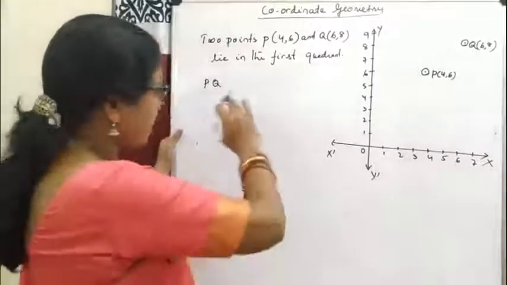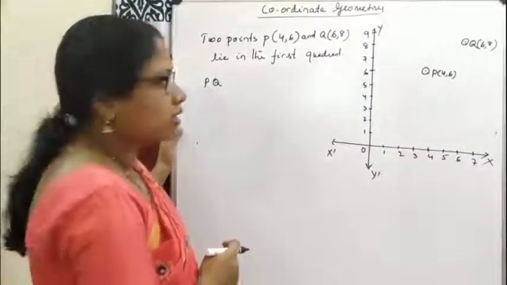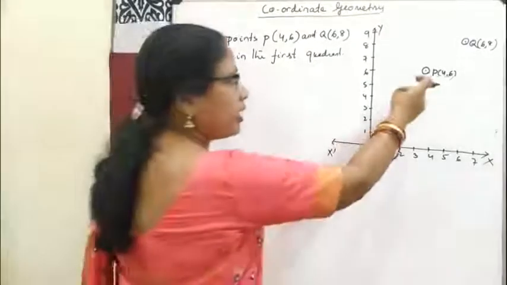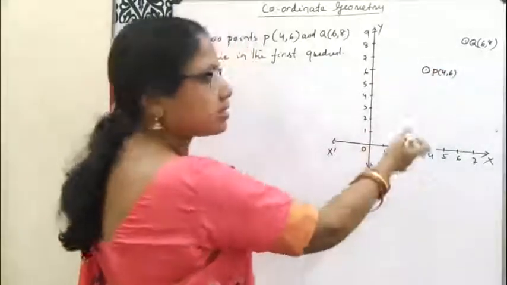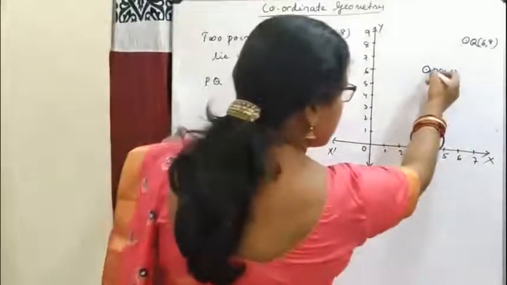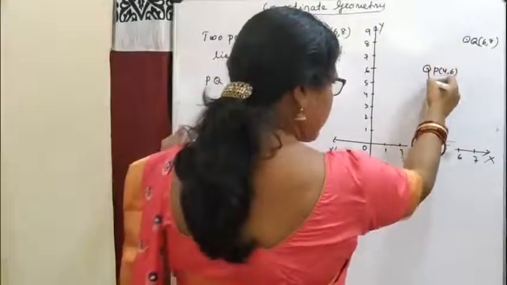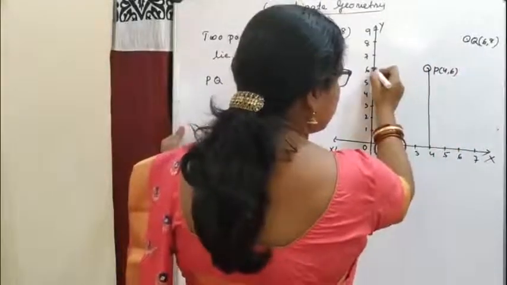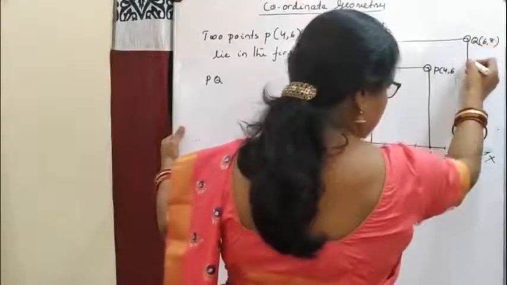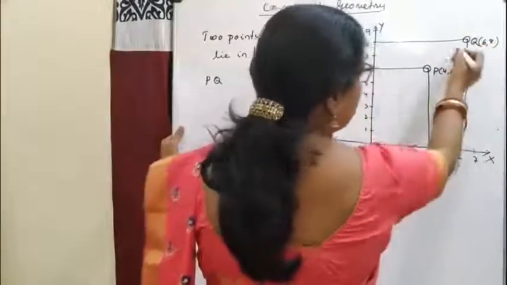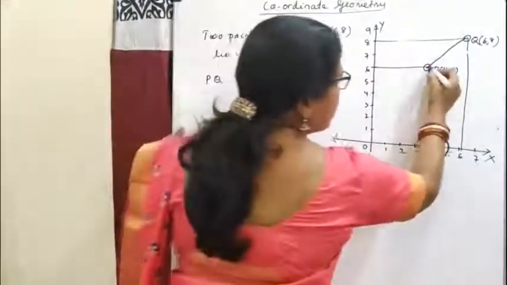So for finding the distance PQ, we have to draw the perpendiculars from point P, or the distance of point P from x-axis and y-axis. So like this we have to draw. So this is PQ. Then join this.